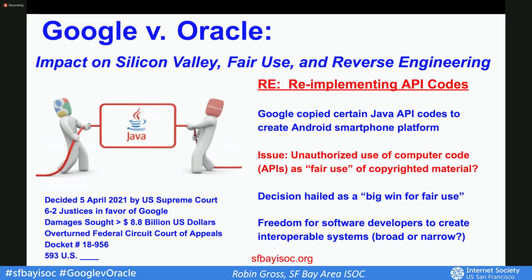And it is tempting to view the court's ruling as a clear win for software developers who want to re-implement portions of proprietary computer programs without a license, which is the industry practice. But the holding may prove narrower and more uncertain than it appears.